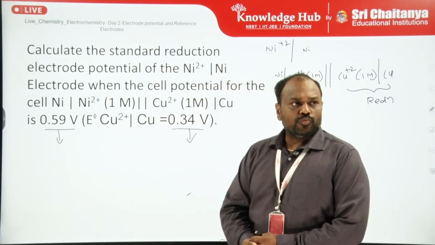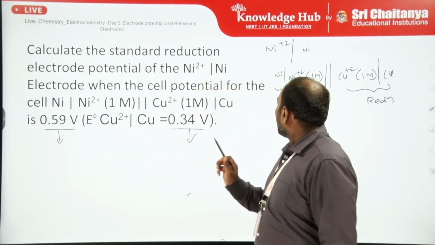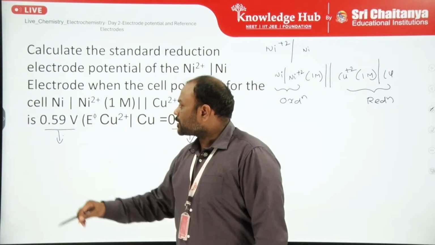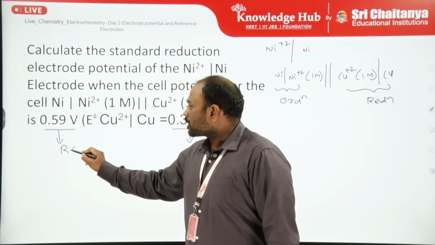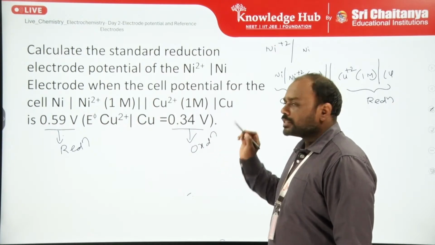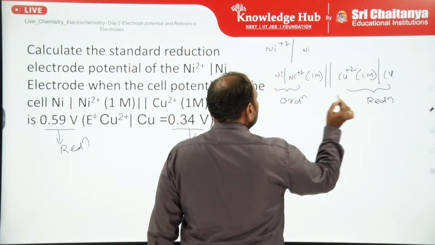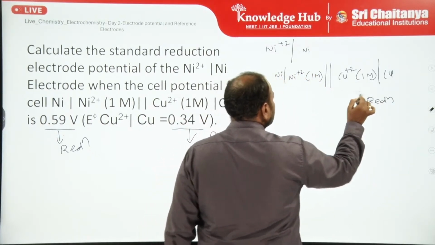Out of these two, this is the highest value and this is the lowest value. So the highest value undergoes which one? Reduction. The lowest value undergoes which reaction? Oxidation. So the reaction is changed. So this one is changed.